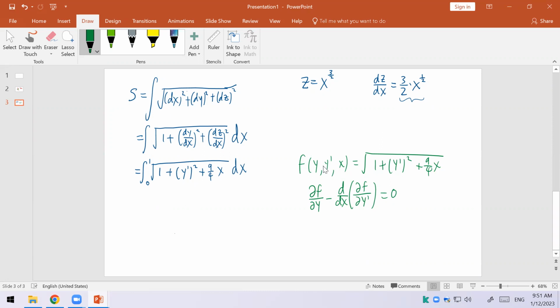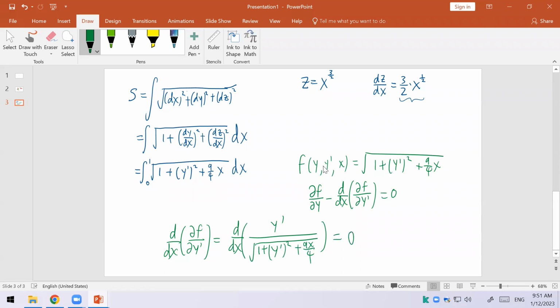So let me just write it here: d/dx of partial f partial y prime is just equal to d/dx of this one, and this whole thing has to equal 0.